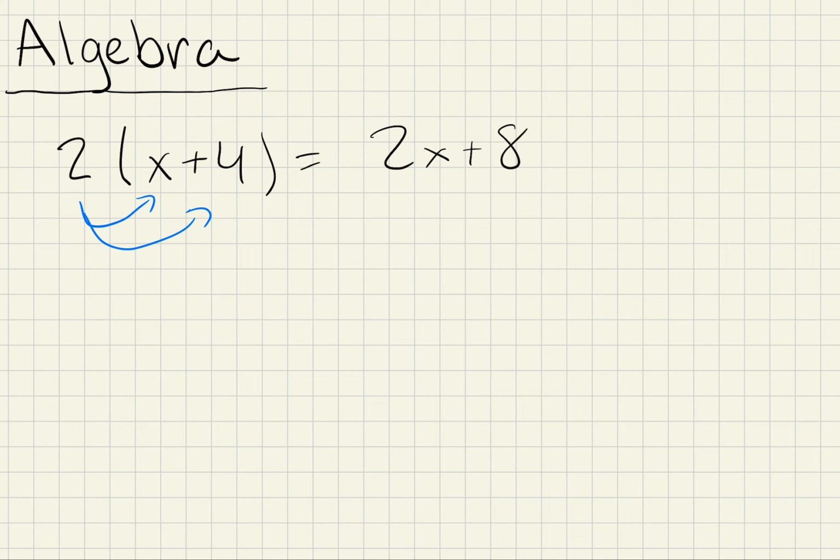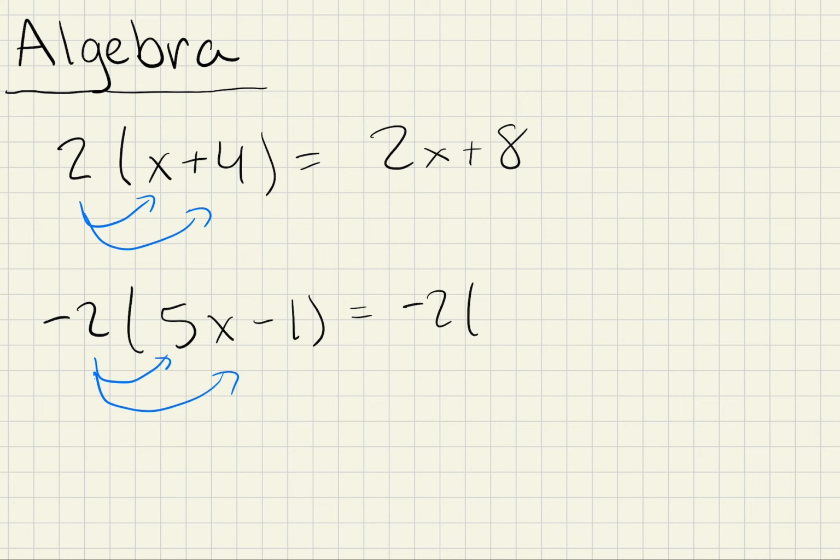So we distribute the 2 to the x and the 4. Let's go ahead and look at, what if we have a negative 2 and we multiply that to 5x minus 1. So again, we're just going to multiply term by term, and we get negative 2 times 5x minus 2 times negative 1.